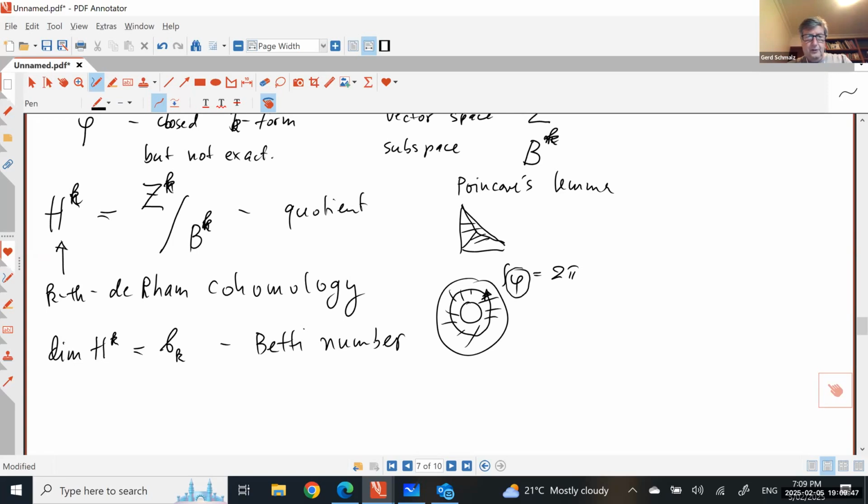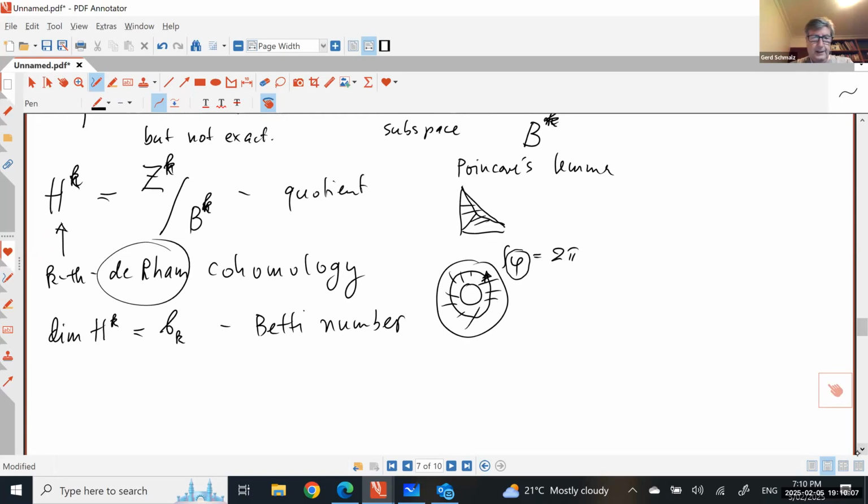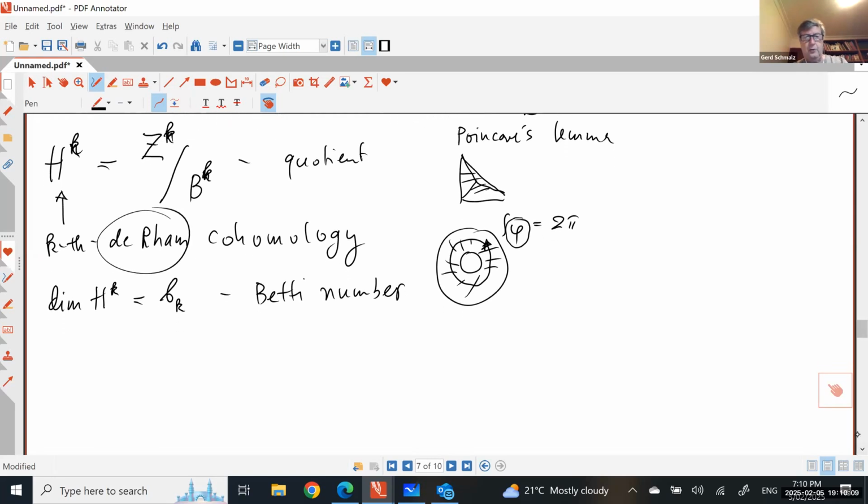So now, how do these de Rham cohomologies, and why is there a co? Why is it not just homology, and why is it on top of that also a co? I will explain that. De Rham is just a person, and what makes this cohomology?